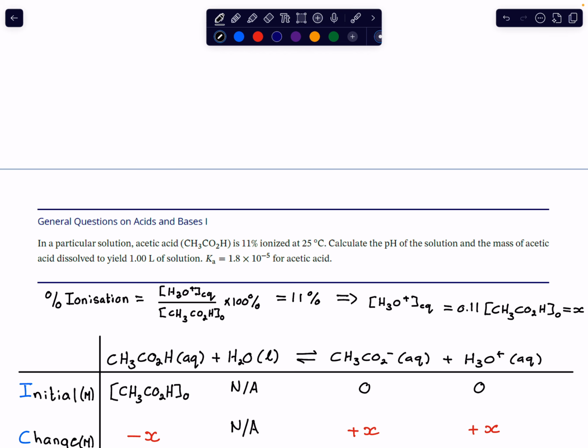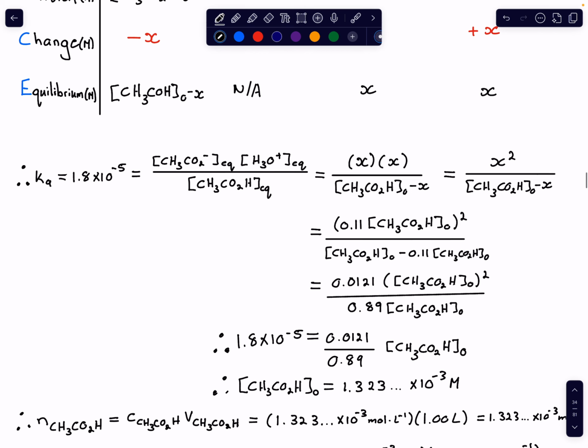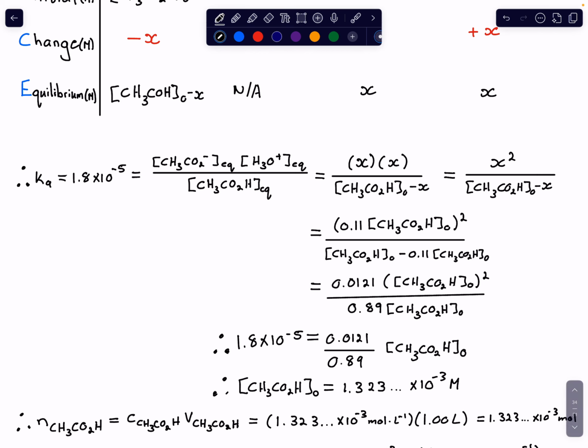We're asked what is the mass of acetic acid dissolved to yield 1 liter. We have the concentration, we have the volume. So now we can get the number of moles, and from the number of moles we can get the mass. I went ahead and wrote that out. First we get the number of moles of acetic acid, equal to 1.323 times 10 to the negative 3 mole, because molar is mole per liter.